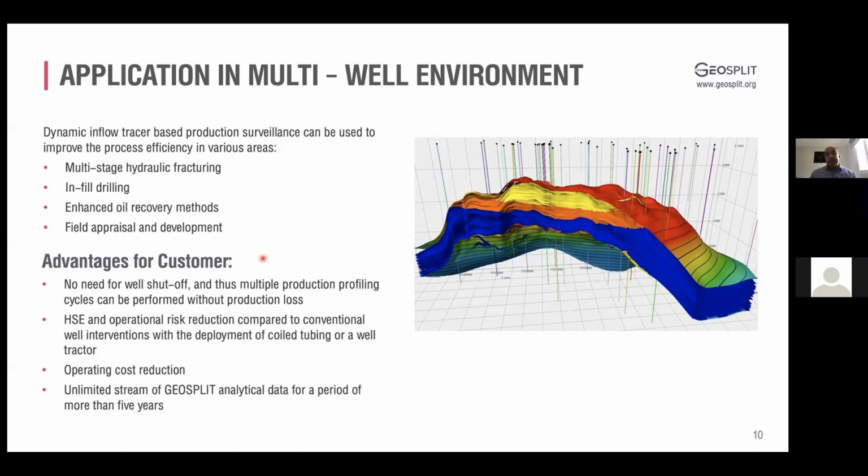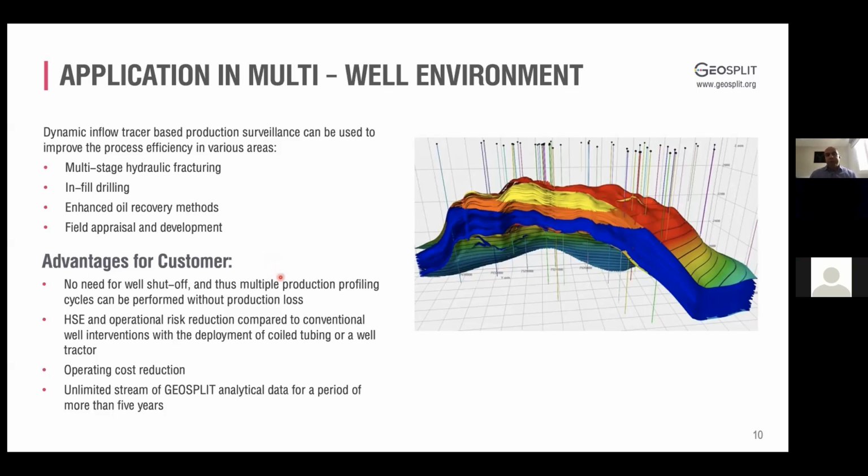This method is non-interventional, so compared to conventional production profiling methods like coiled tubing or wireline conveyed PLT measurements, it substantially reduces the HSE and operational risks, and definitely it also reduces the cost.